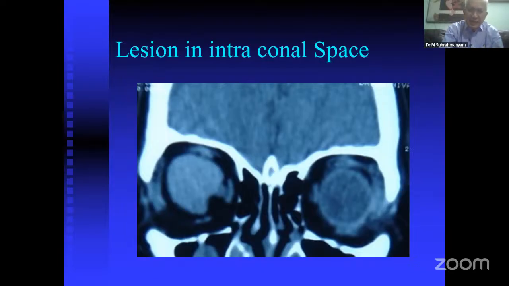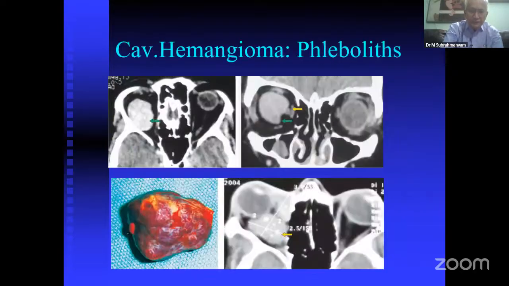That is typical of cavernous hemangioma. If you look at this, again a case of a similar mass, away from the optic nerve. This is the mass with clear-cut borders, and the cavernous hemangioma has been excised. This is the excised tumor.